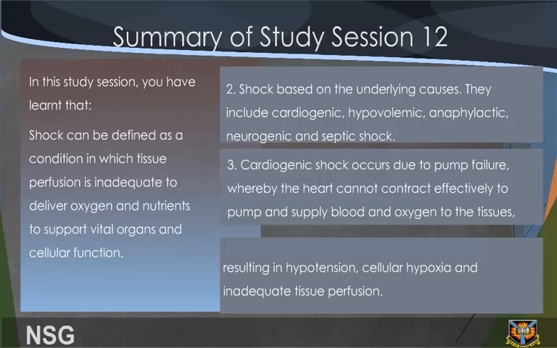They include cardiogenic, hypovolemic, anaphylactic, neurogenic, and septic shock. 3. Cardiogenic shock occurs due to pump failure, whereby the heart cannot contract effectively to pump and supply blood and oxygen to the tissues, resulting in hypotension, cellular hypoxia, and inadequate tissue perfusion.